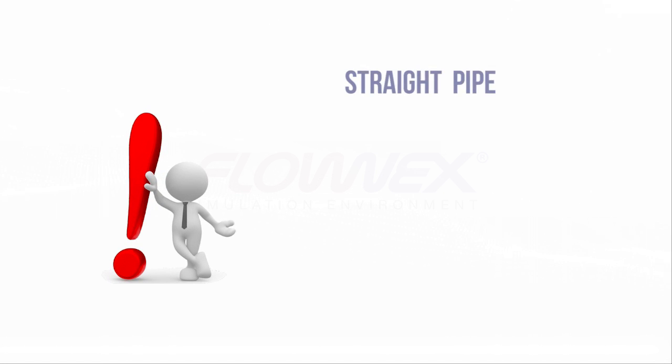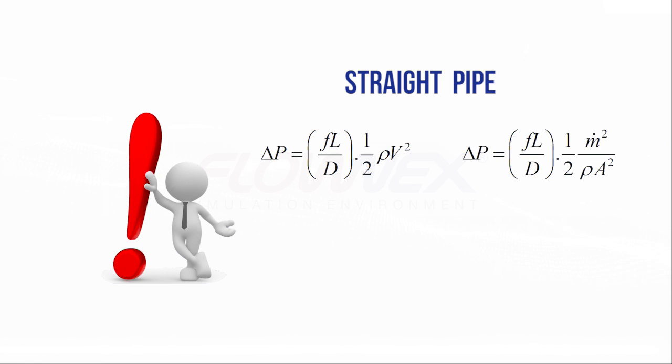For a straight pipe section, the pressure loss is calculated by delta P equals FL over D times a half rho V squared, which also gives FL over D multiplied by a half mass flow squared divided by density and area squared.